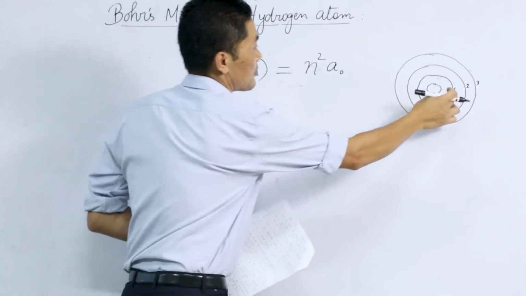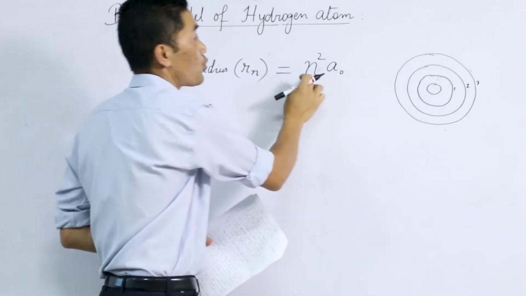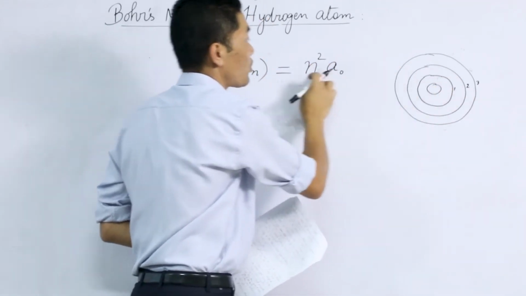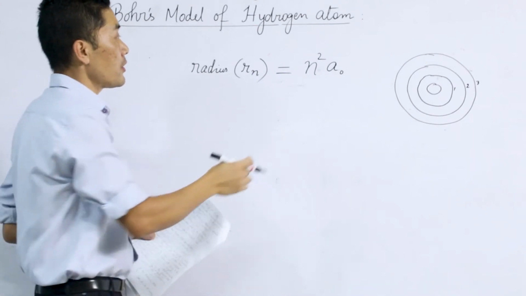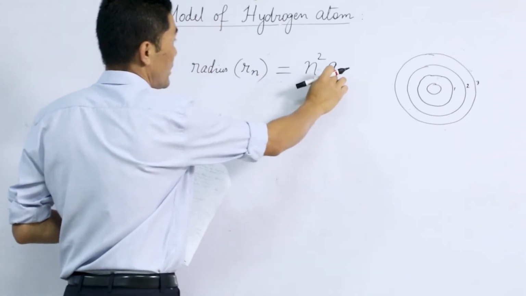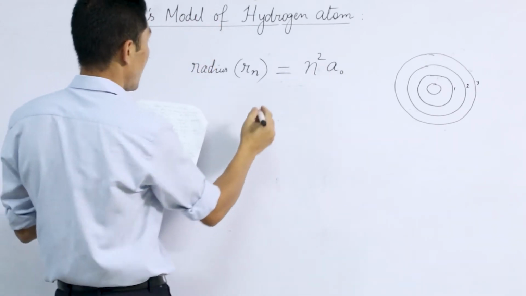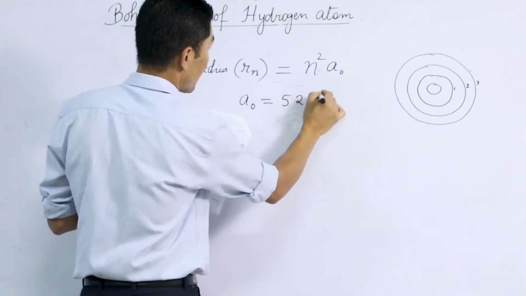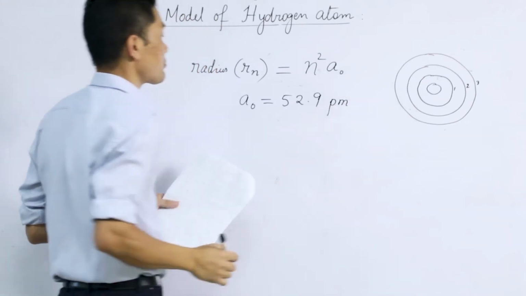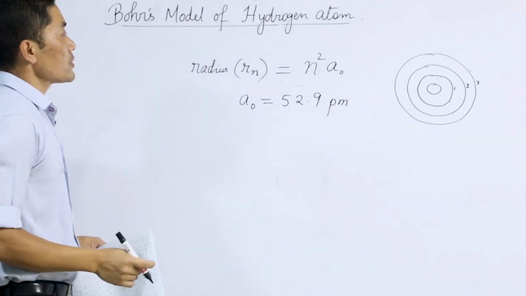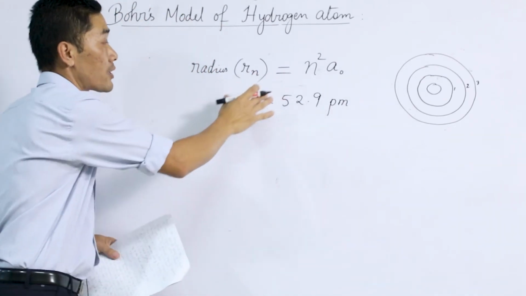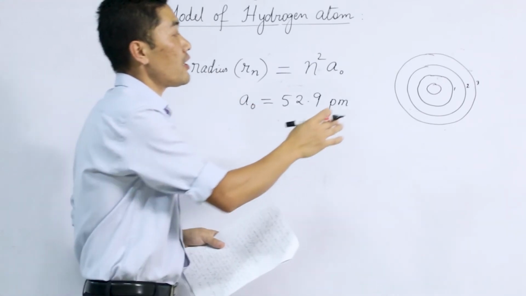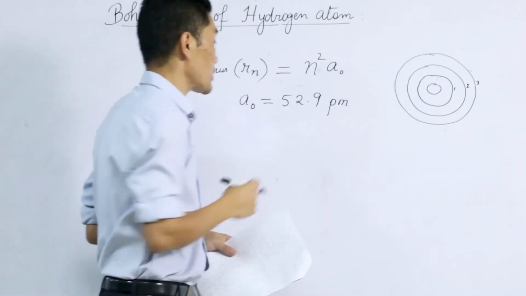So if it is the first orbit, then n will be 1. If it is the second orbit, n will be 2, and so on. Now the value of a naught here has been calculated, and its value is equal to 52.9 picometers. So using this relation, we can calculate the radius of any of these orbits or stationary states.